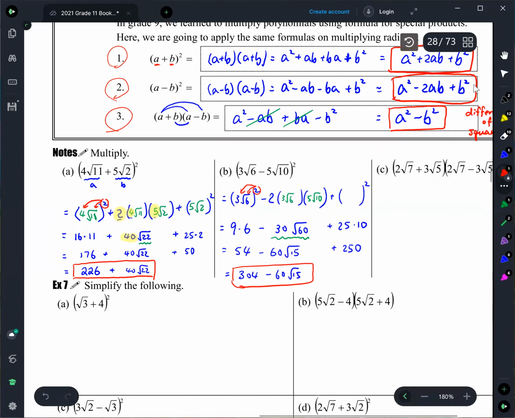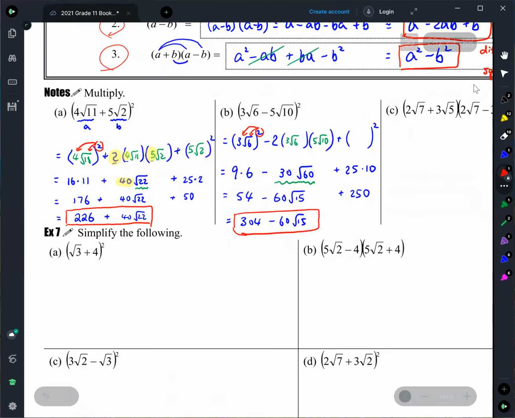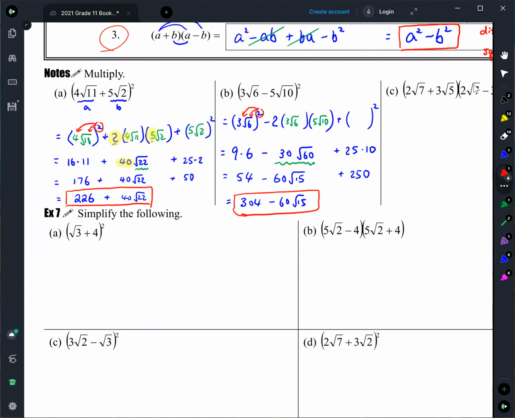Make sure you copy the notes down so you know what kind of work you will need to show. You could skip the first line if you feel confident. You can jump to the second line.